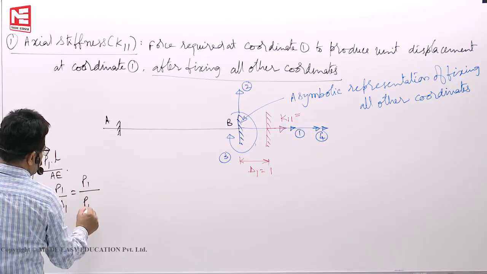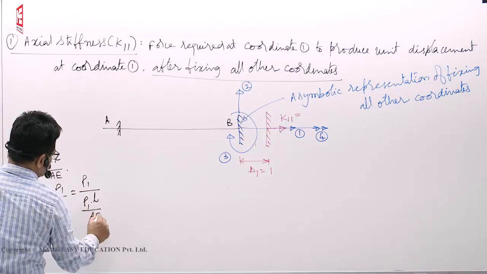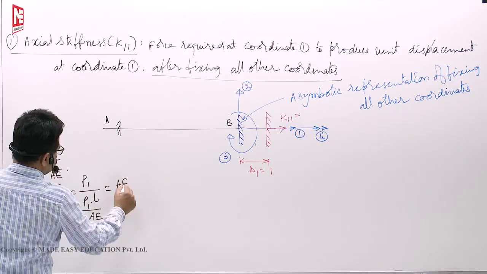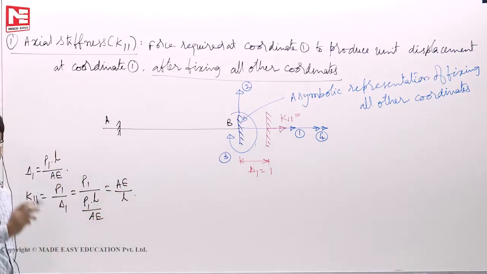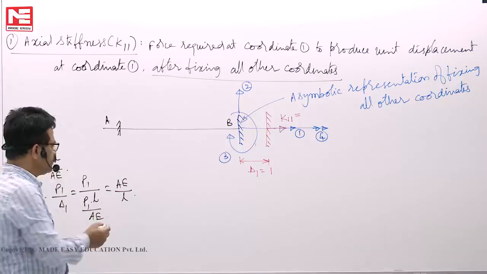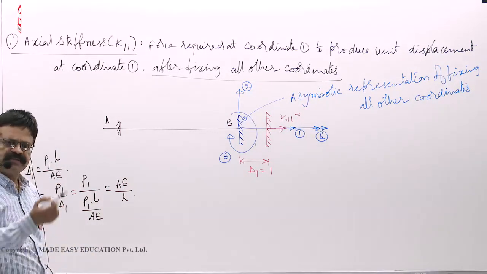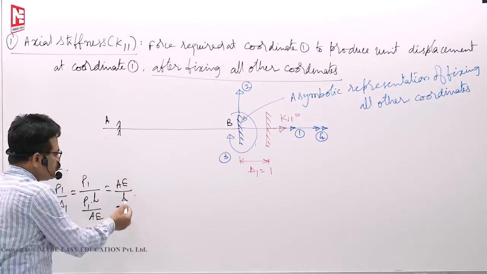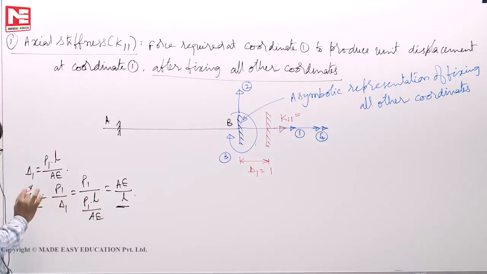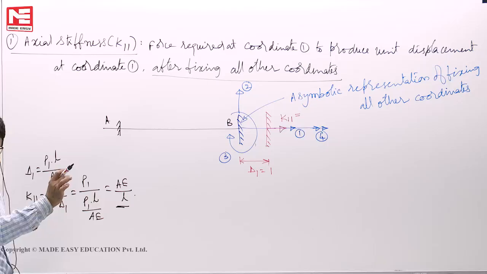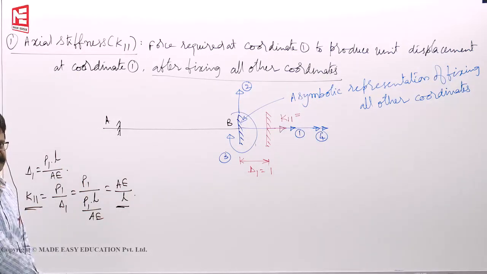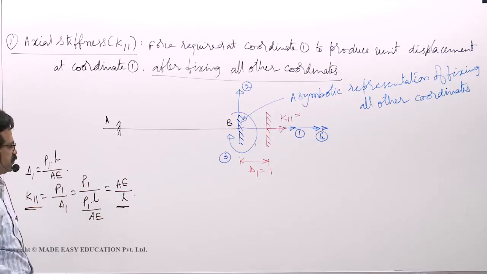Delta 1 means P1 into L by AE. This is what in strength of materials you have studied. AE stands for axial rigidity. Axial rigidity per unit length is called axial stiffness. That same axial stiffness, now you are giving a number. That's all. Where you are applying the load, where you are finding the displacement. So accordingly you will get it like this.